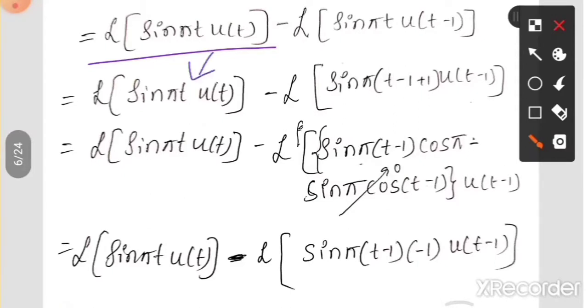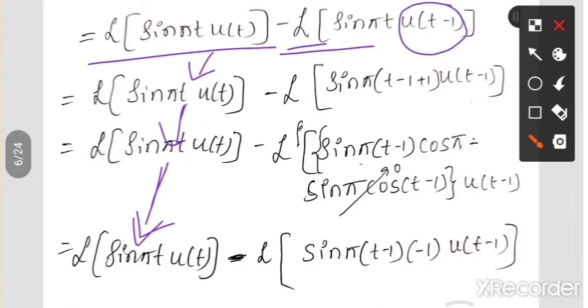But in the second term, the delay is minus 1 in the step function, while it is sine pi t, so they do not match. So we have to alter it a little: instead of writing t, we can write t minus 1 plus 1.